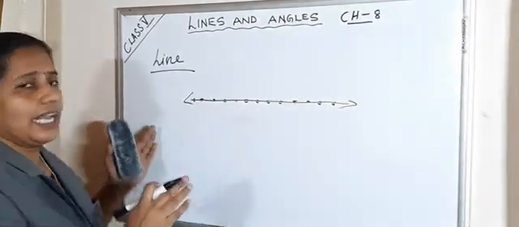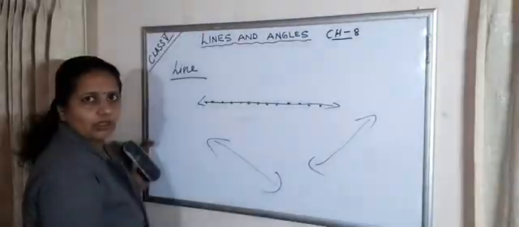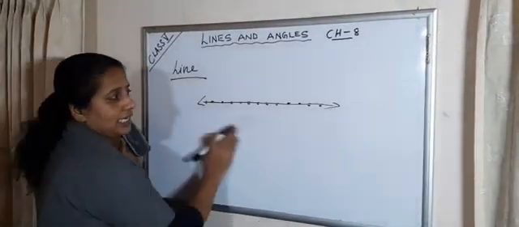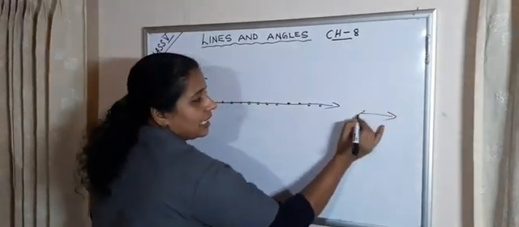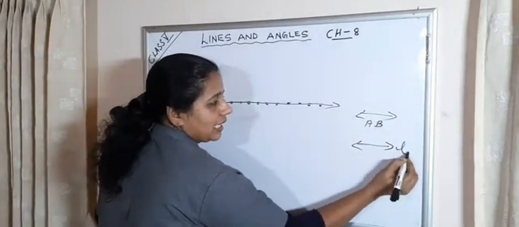And a line can extend indefinitely. Clear? So this is our line, and a line is represented as line AB, or we can simply write a line as line L.